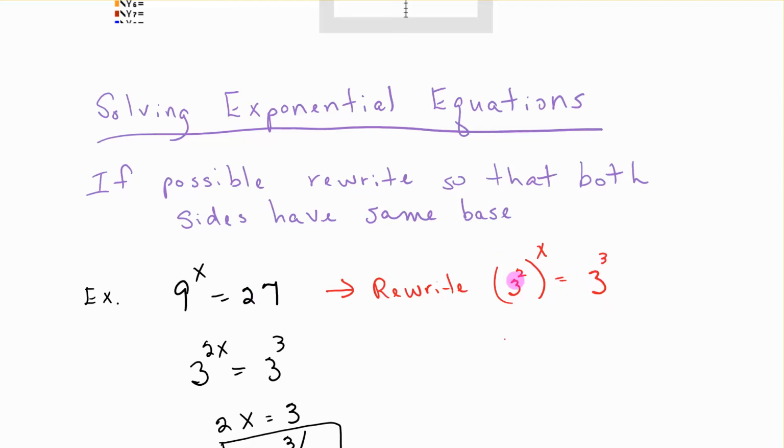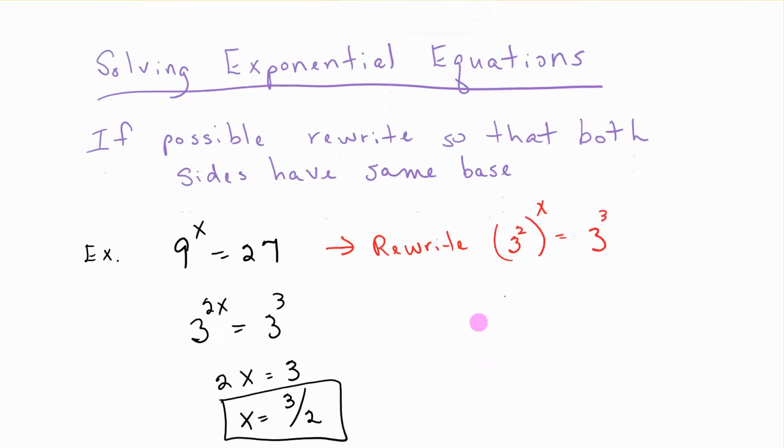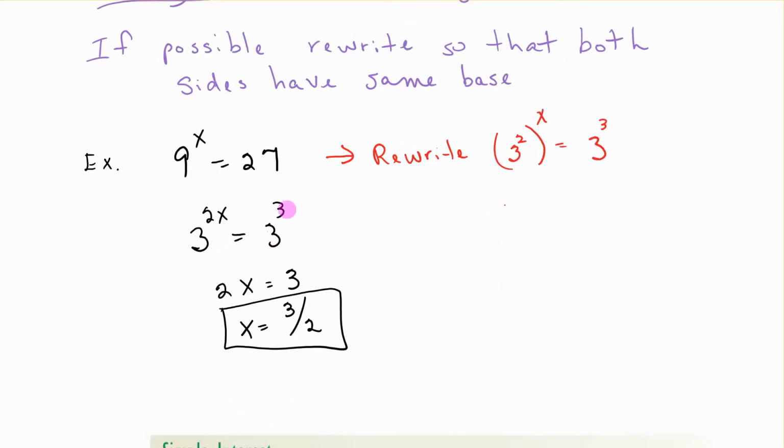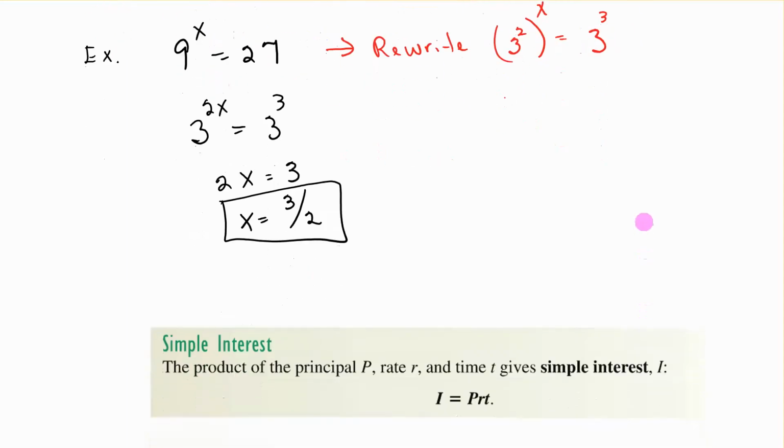So remember the rule for power to power, we multiply. So now we've got 3 to the 2x equals 3 cubed. Once we get to this point, if the bases are the same and we're saying these two expressions are equal, then the 2x has to equal 3. We write that without the bases, and we solve, and we get x equals 3/2. So that's a technique we'll see in some of our problems.